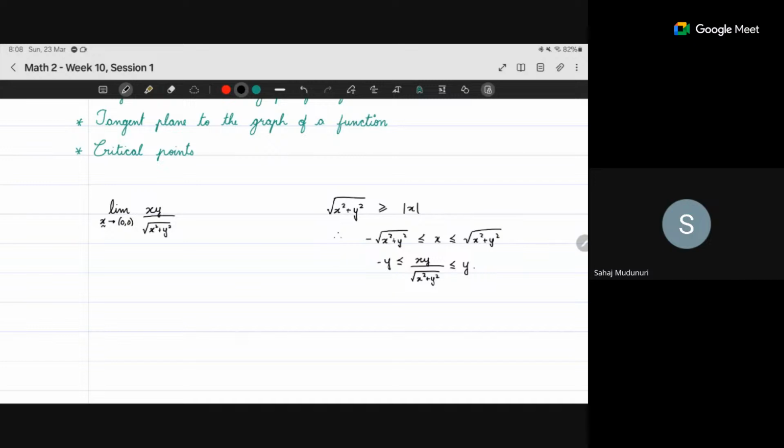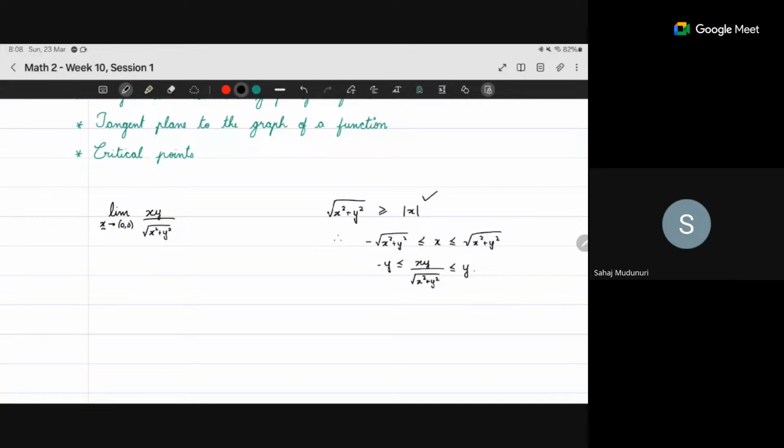So do you know why this happens? The square root of x square plus y square is greater than or equal to mod x. Yes, sir, because we're adding definitely a positive number to mod x. If I replace y square with 0, y square is a positive number, right?